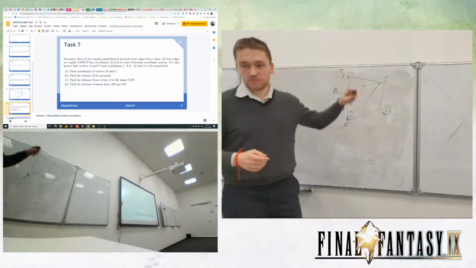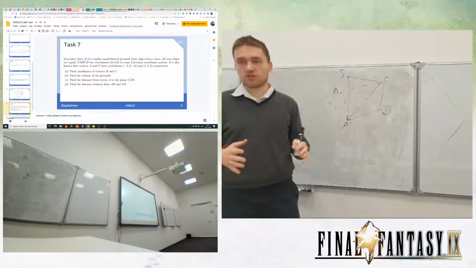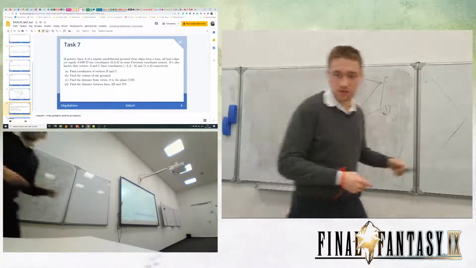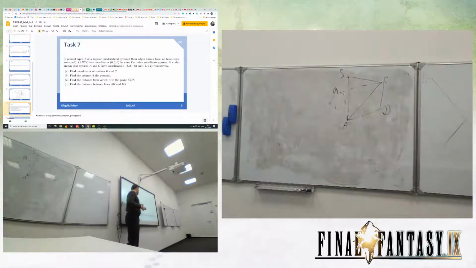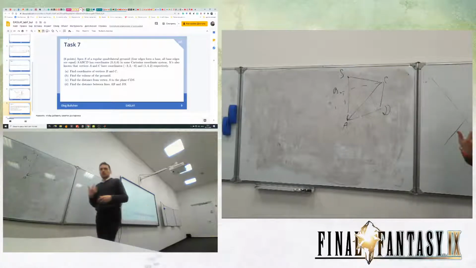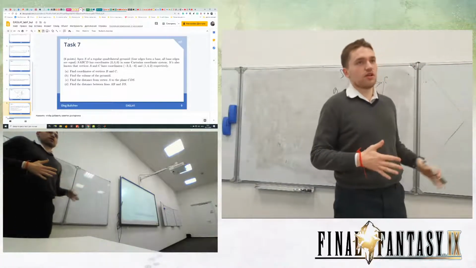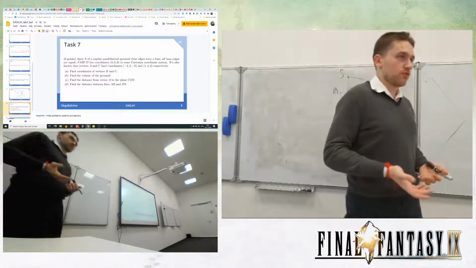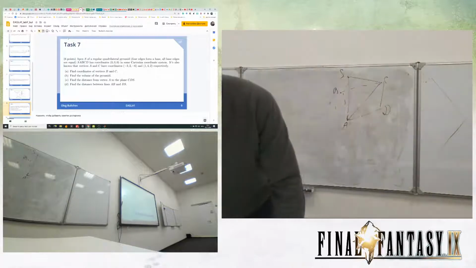Okay. So we have a quadrilateral pyramid. In this case, the lateral edges should be equal. We can prove that it won't work because AS and CS lengths will be different. If we consider that we don't have a regular pyramid, in this case we will have an infinite number of solutions. And it should look like this.